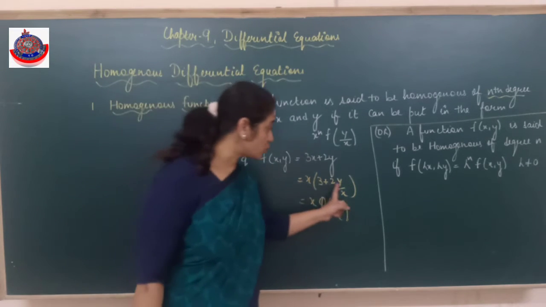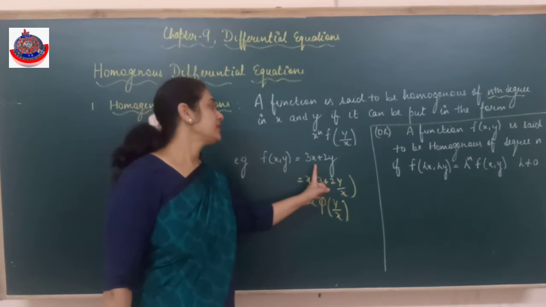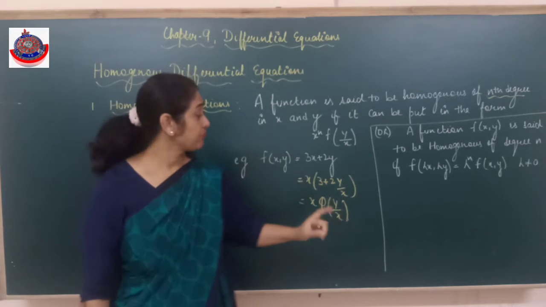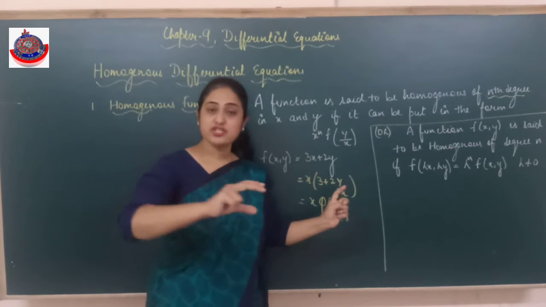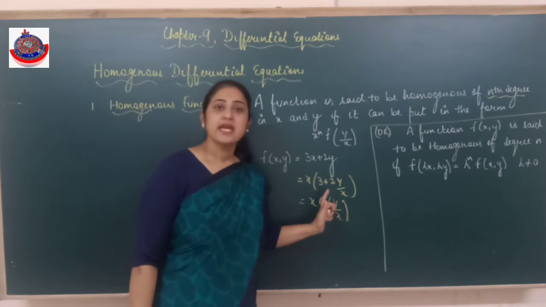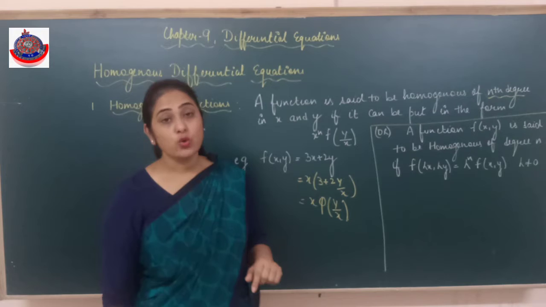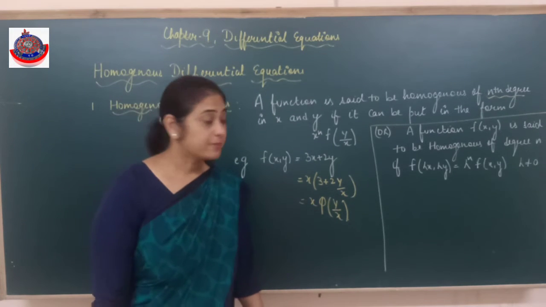There is no other term containing x and y. Simple logic. If you take x common and the complete function has variables only in the term y upon x, then the function is said to be a homogeneous function.